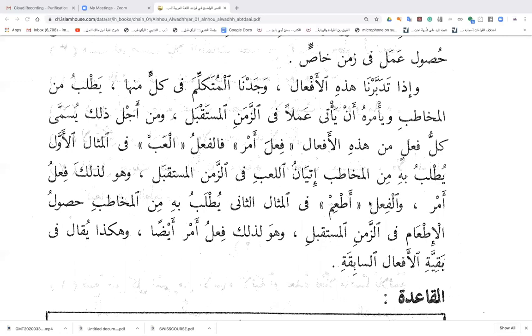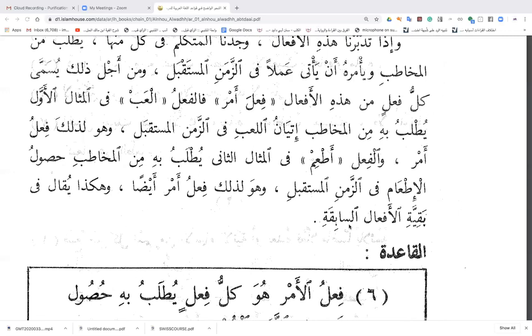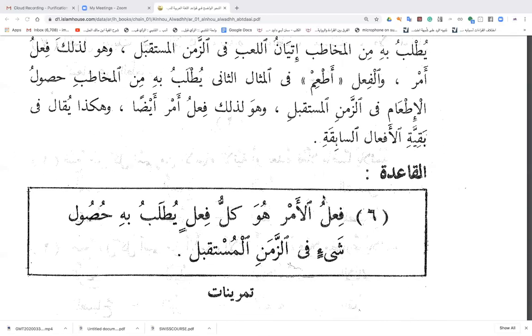This is فعل أمر. وفعل أطعم, feed, في المثال الثاني يطلب به من المخاطب حصول الإطعام في زمن المستقبل, is also requesting from the person being addressed to feed someone in the future. وهو لذلك فعل أمر أيضا, وهكذا يقال في بقية الأفعال السابقة. And that's what you say about all of the previous verbs.